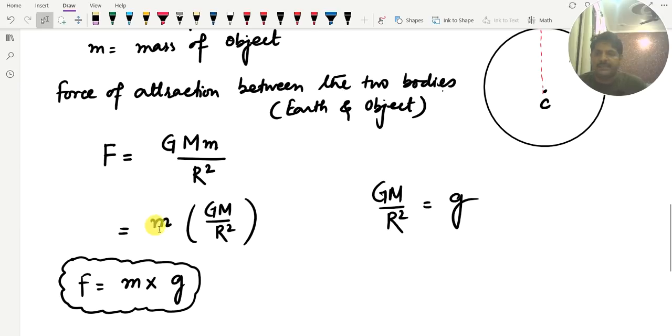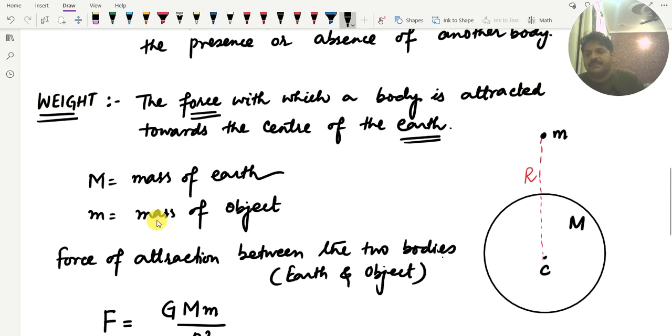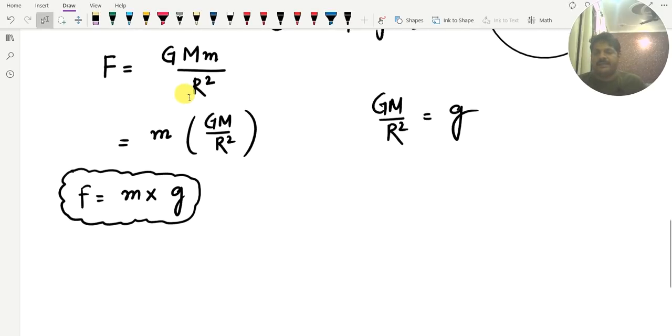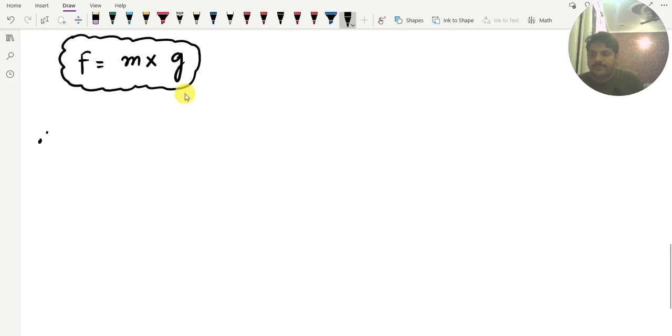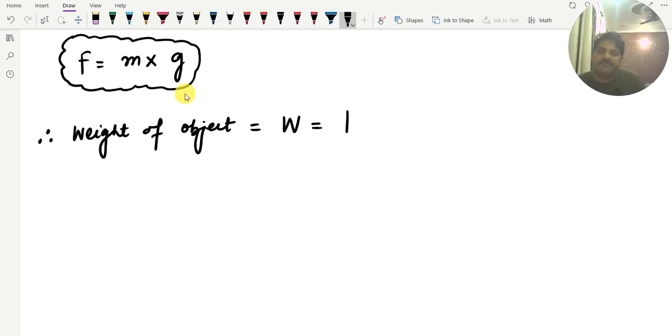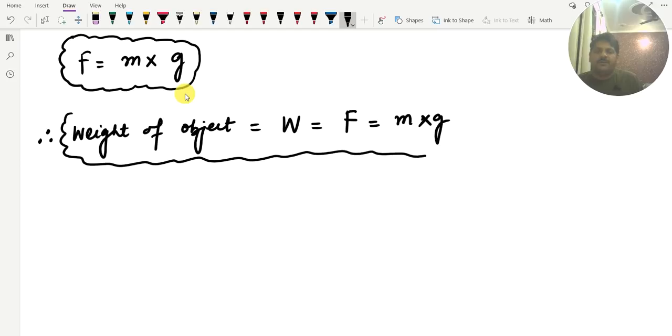Just now we have defined the force of attraction, the force with which a body is attracted towards the center of earth, is called the weight. So instead of F we can write, weight of the object is equal to W, and this is the same as the force, and this is equal to m into small g. So this is the definition of weight. W is equal to mg.